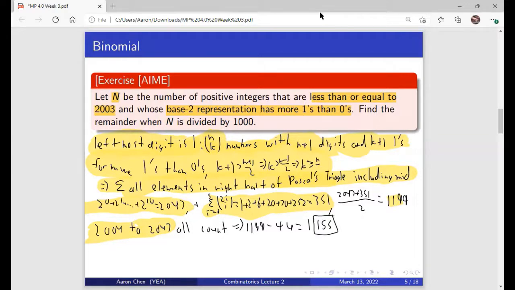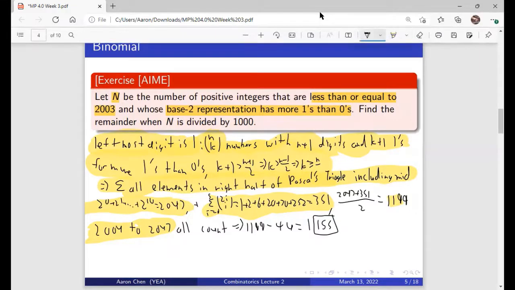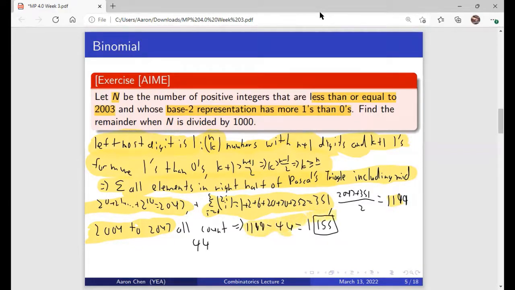And so they all count, and that is the total of 44 numbers. And so we need to subtract that number from 1,199, and so we get 1,155. And so we wanted n mod 1,000, so the answer is just 155.